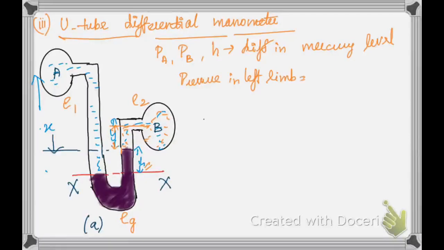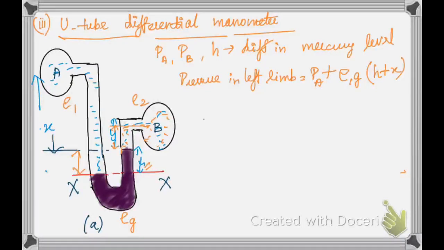So if you take the left limb, I can see that the pressure at A will be Pa plus rho 1 g into the height difference, which is h plus x.